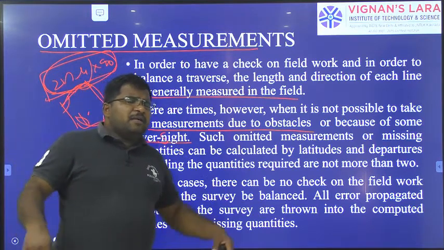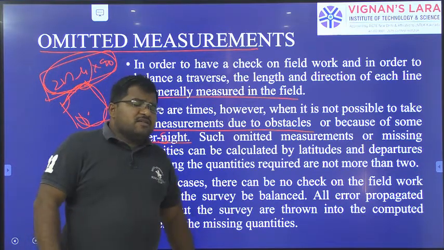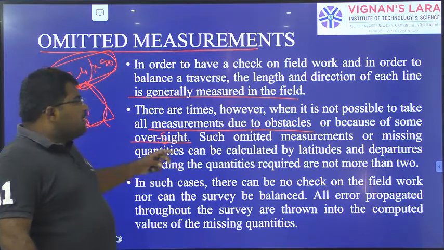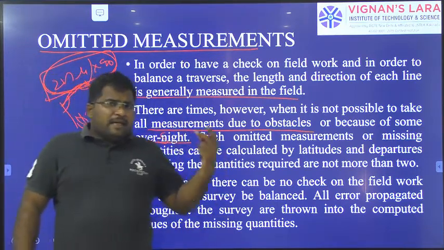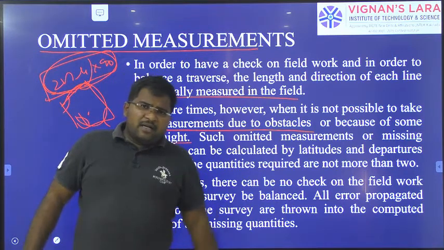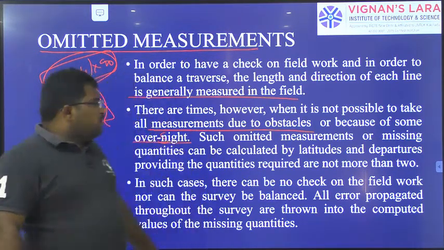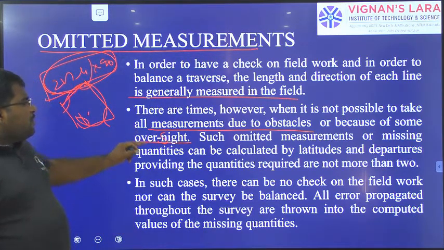Sometimes if there is a big building, we can't see the angle. So we will take either the length or the angle. Sometimes both angles, sometimes two lines' lengths we can take. Those are called the omitted measurements.